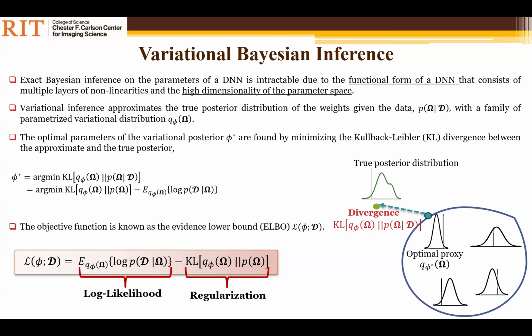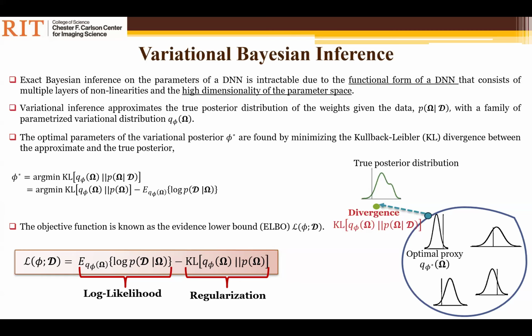If we write the formula for the KL divergence and rearrange the equation, we'll see that our objective function has two terms. We have the expected log likelihood term, which directly depends on our data.